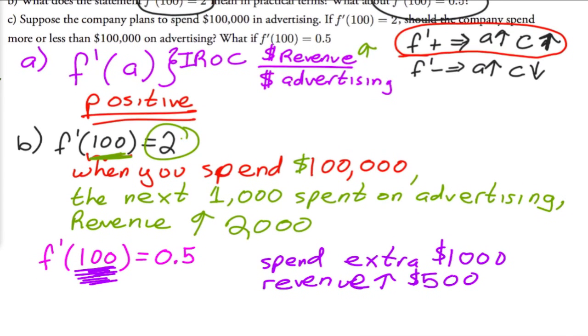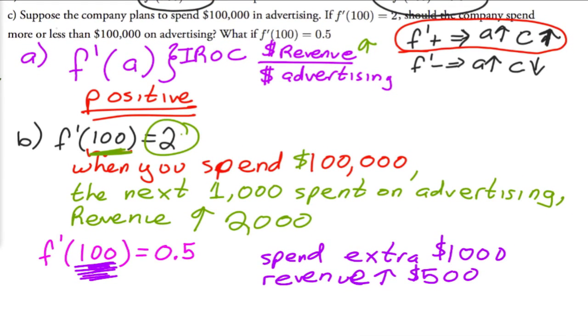Now let's say that the company, for part C, plans to spend $100,000 in advertising. So if f prime of 100 is equal to 2, so we're in this situation, should the company spend more or less than 100,000 on advertising?